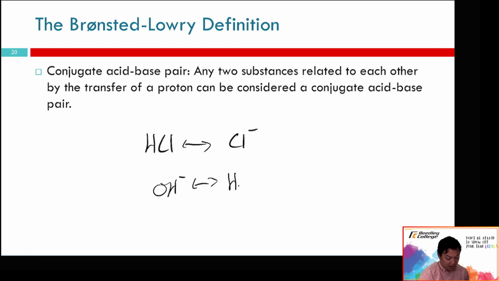The conjugate acid-base pair would be H2O. Let me think of another one. So we could do HNO3. That's the acid, because it's a donor. Its conjugate base would then be NO3 minus, which would be the base.